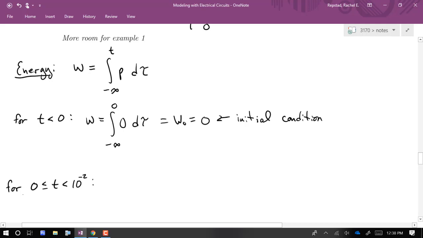And the way we're going to get a function that's valid on this interval, it's still the total integral starting at negative infinity. So what we're going to do is take the integral from minus infinity to 0, plus the integral from 0 to t.